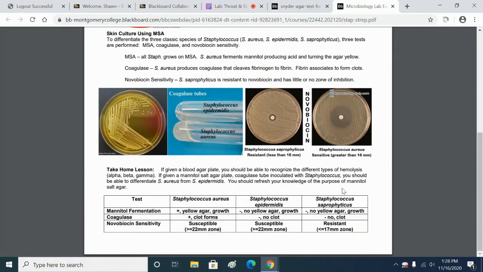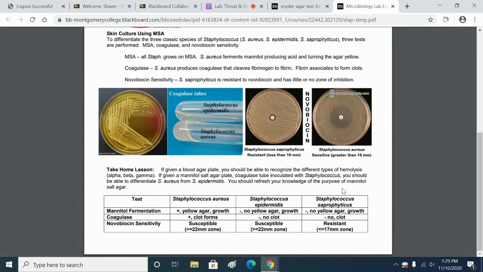What you would have done is take a sterile swab, dip it into sterile saline, and then vigorously rub some portion of your skin. Not your hands, because you wash those before lab, not in your ear or up your nose, but somewhere else. Then you would inoculate an MSA plate, a mannitol salt agar plate, because we are trying to selectively grow Staphylococcus.